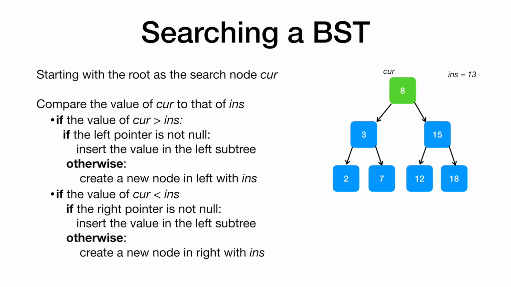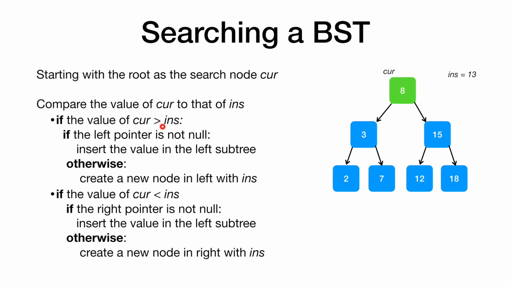So here's the algorithm in pseudocode. We start with the root as our current node, and at each node we compare the value at the current node with that of the thing we're inserting.